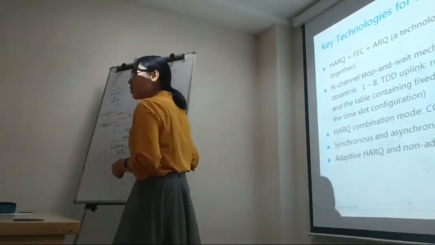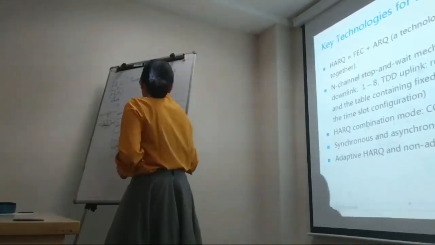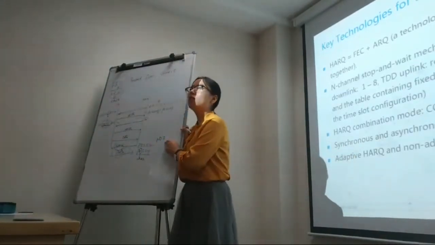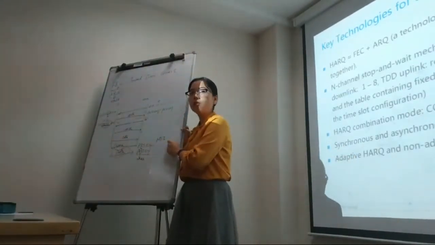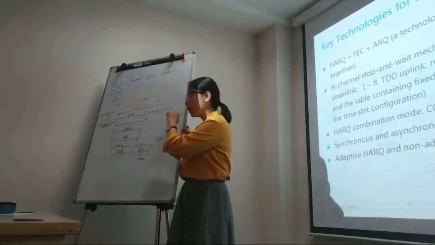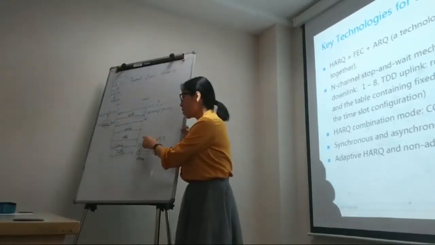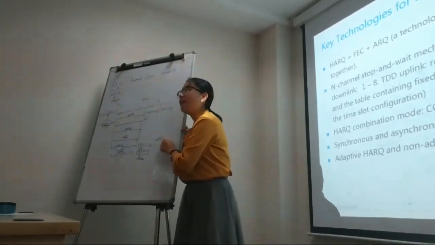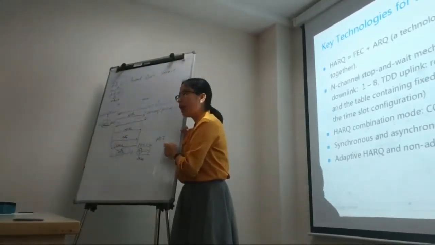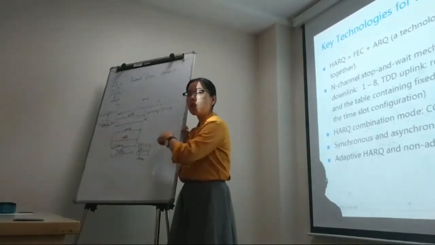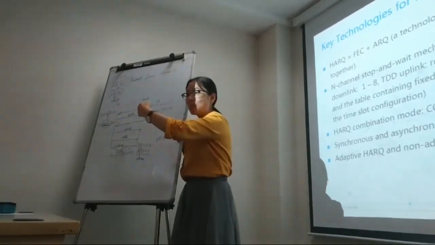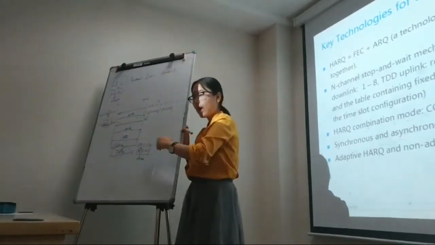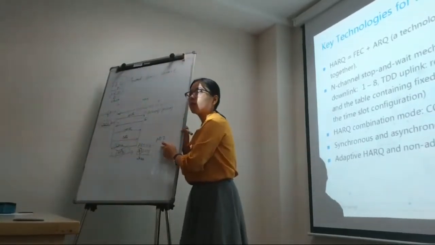In PDCCH, there is an NDI, the new data indicator. So the UE will first detect PDCCH to read the NDI. If the NDI is the same as last time, we think, okay, it's new data.